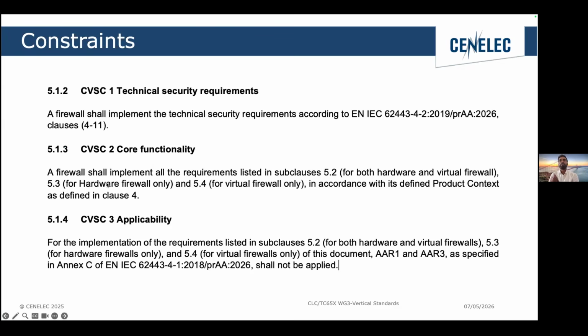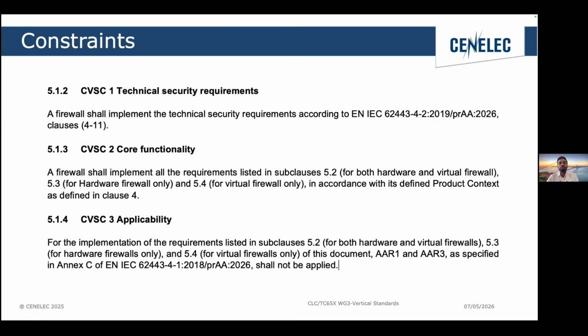Technical requirements have to be satisfied according to 4-2, clause 1. And core functionality: the firewall shall implement the requirements listed in 5.2, so both hardware and according to the product security context. And the applicability: for the core functionality, the manufacturer does not have any freedom to do AR1 and AR2, except he can do the product security context.